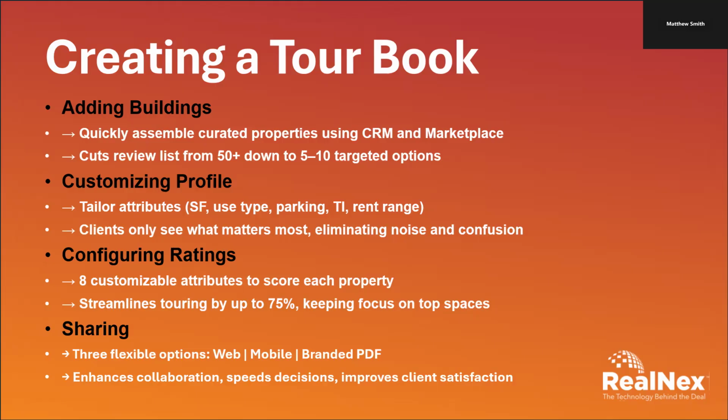Those 8 attributes are things that you and your client discover that are important to them. Maybe it's safety. Maybe it's amenities. Maybe it's common area. Location to restaurants. Maybe it's clear height, dock doors, amperage. Whatever those are, you're going to have your custom profiling along with your configurable ratings to help you streamline the process of leasing space.